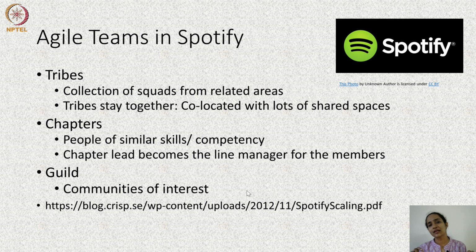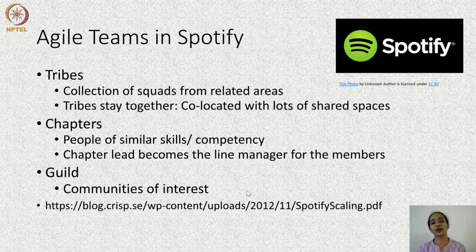Now, since these are teams which work on related areas, it is very likely that they will face similar problems across different squads. So when you have a tribe, team members of different squads are expected to share expertise and also knowledge among each other so that it will be easier for them to face challenges in their teams.